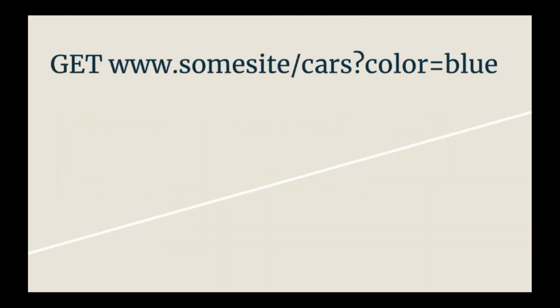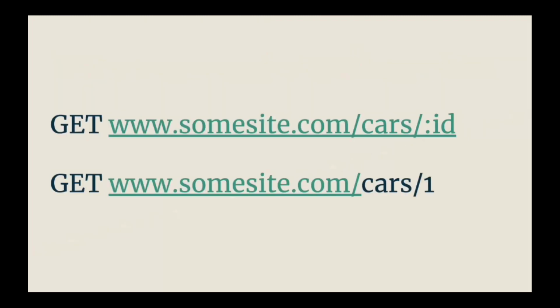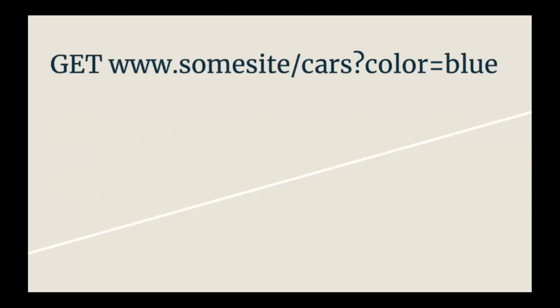Right here we have something new called a query parameter. Basically what query parameters do is sort or filter your results. So a URL parameter is going to define more of a resource. A query parameter is going to help with filtering and sorting.